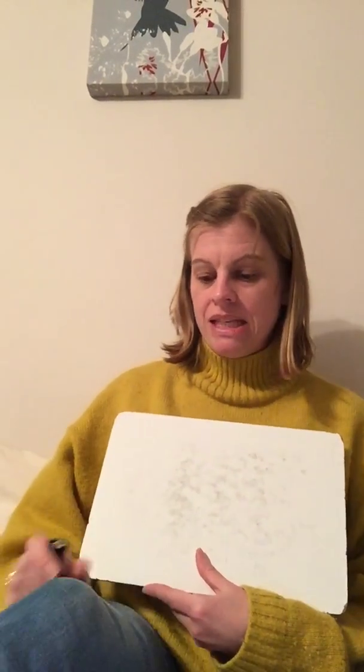Great, good game. Okay, what we're going to first of all do, this is especially for the reception children, but Year 1 children, I think you would really benefit from doing this as well. We're going to really think about our number formation and making sure that our numbers are formed correctly so that they look neat and everybody knows what number you are writing.